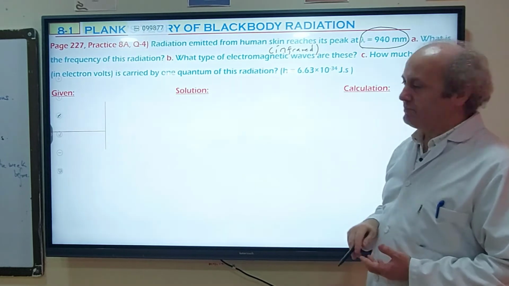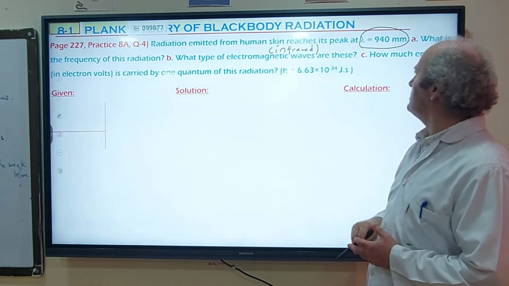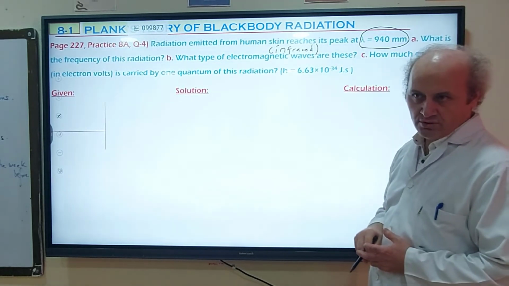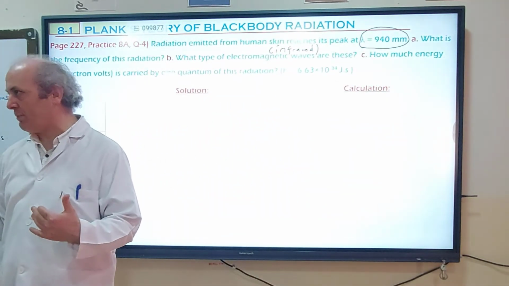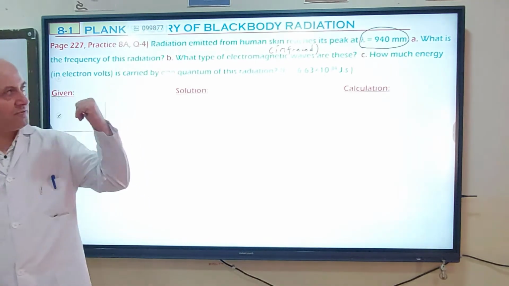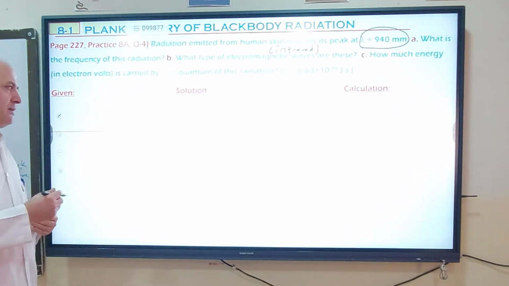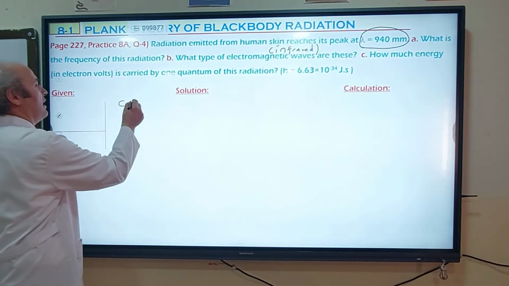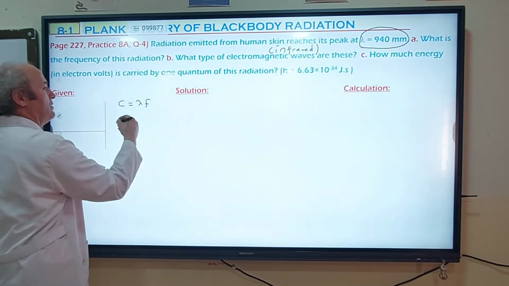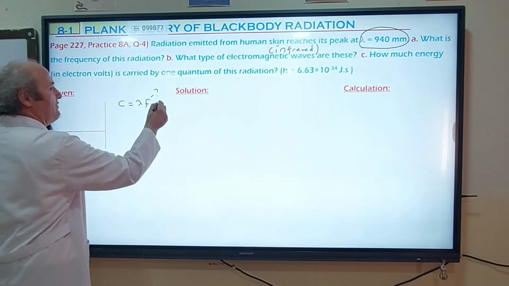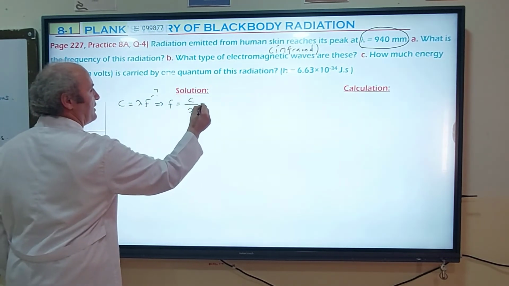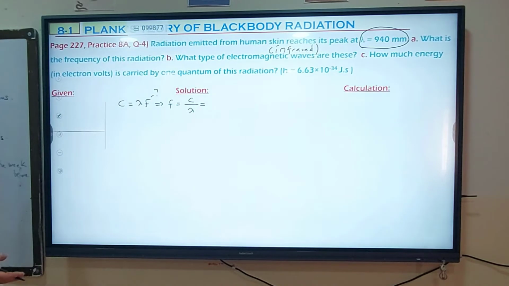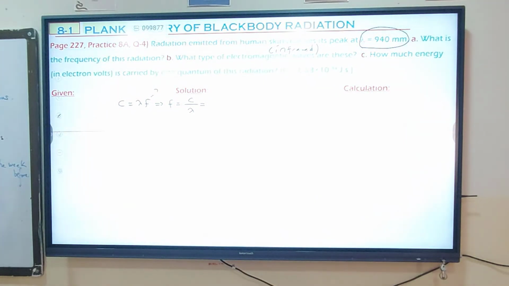Wavelength is given, lambda 940 millimeter. What is the frequency of this radiation? First get frequency. c is equal to lambda times f. So f is the question: f is equal to c divided by lambda. c is the speed of light. Most probably they will give it in the question. Speed of light is one of the most important constants in the universe.